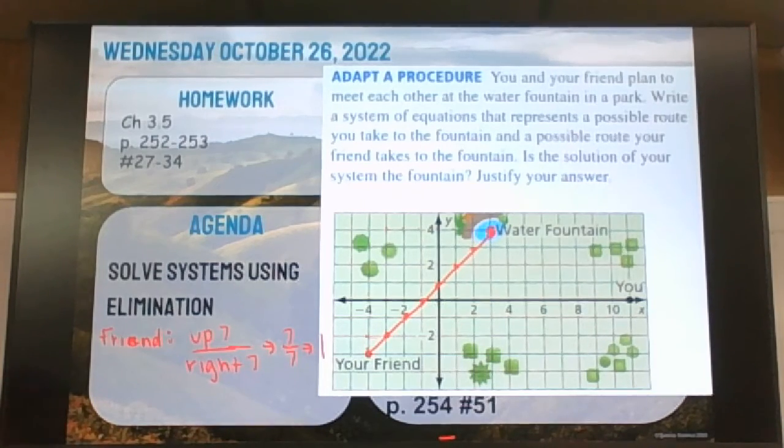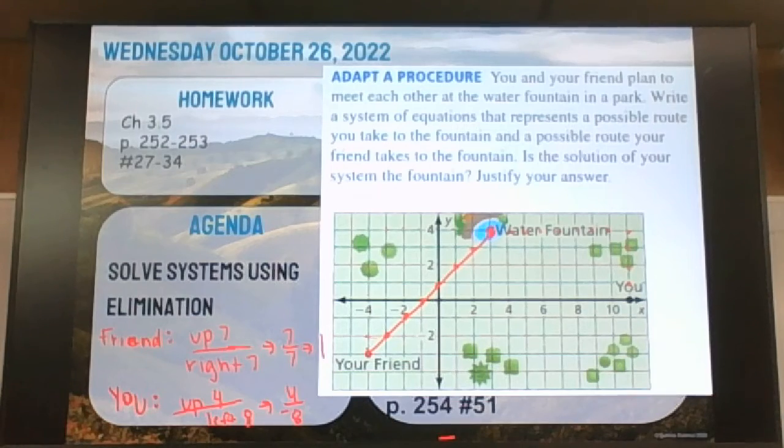All right, now you are a little more difficult, mostly because the picture isn't complete for your equation. So you go up 4, left 8.